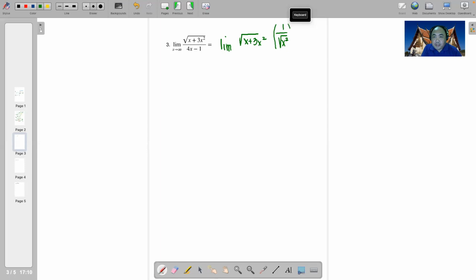Remember that the square root of x squared is still x. Okay, and then divided by 4x minus 1. In the numerator, it suffices we say 1 over x as x approaches infinity.